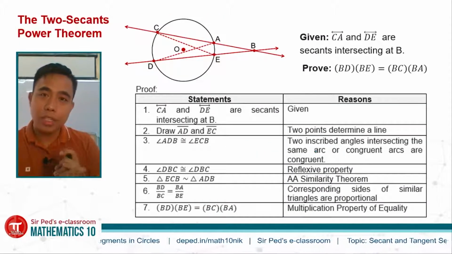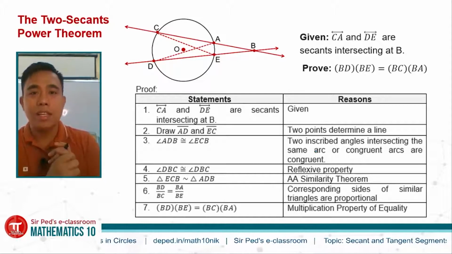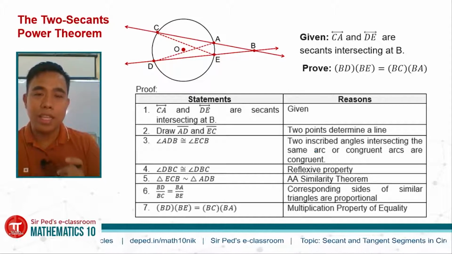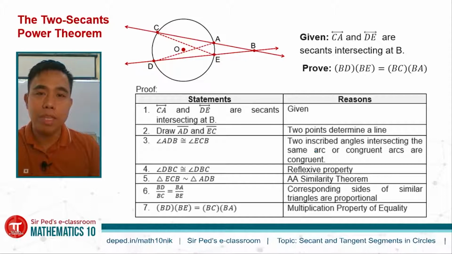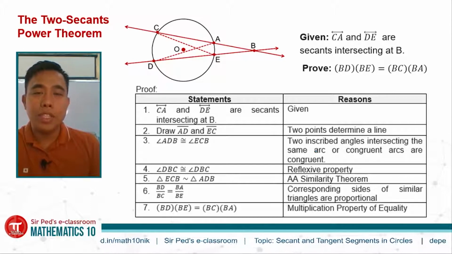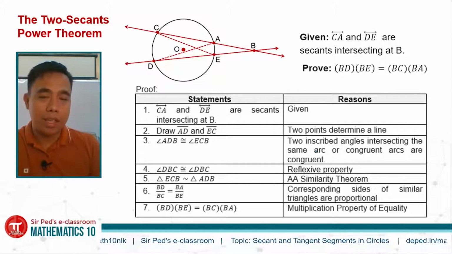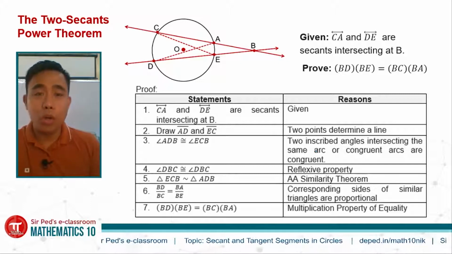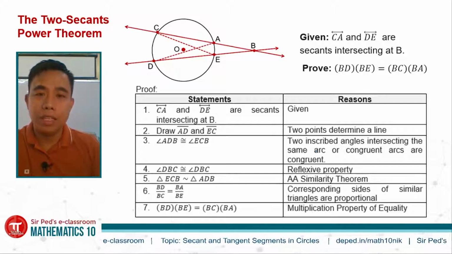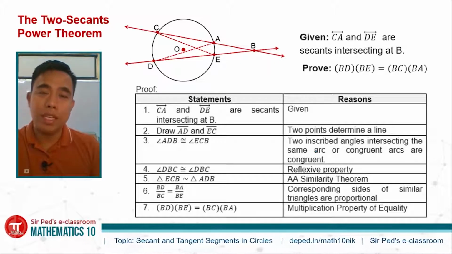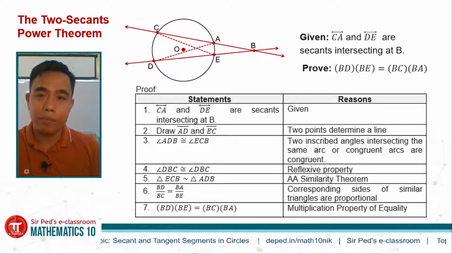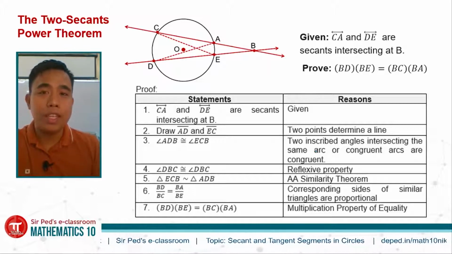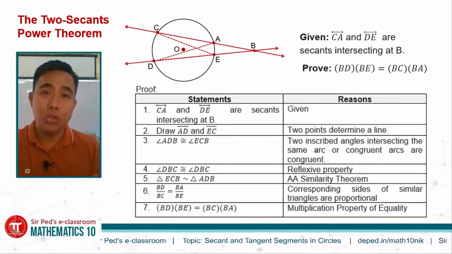So consider these 2 secants, secant CA and secant BE, intersecting at B, at the exterior of circle O. We are going to prove that BD times BE is equal to BC times BA. We are going to prove this using a 2-column proof.